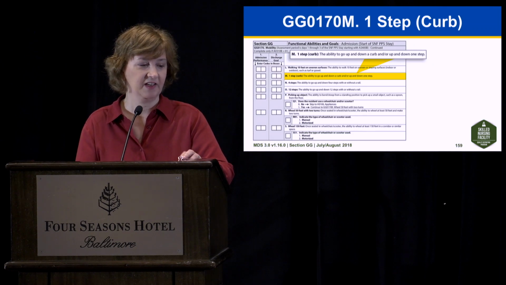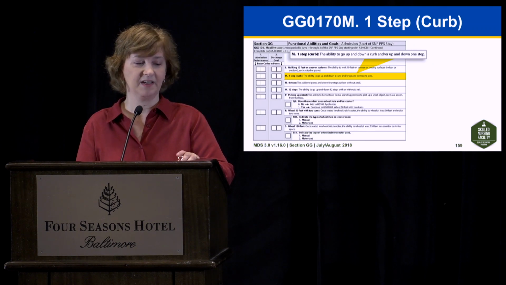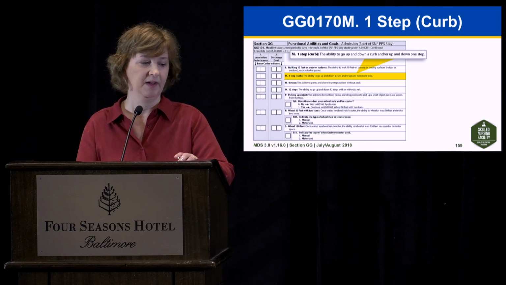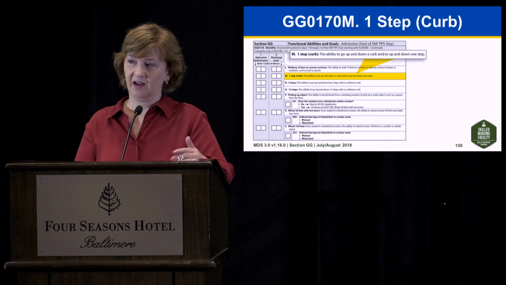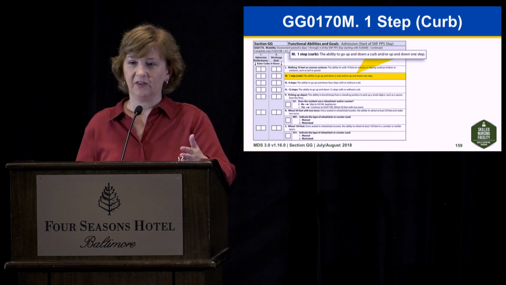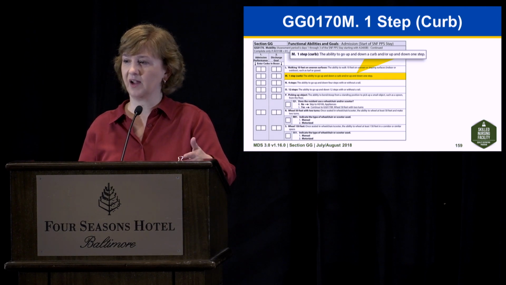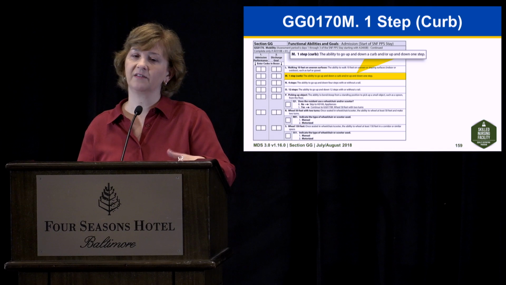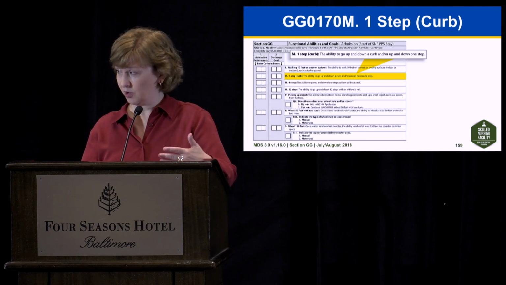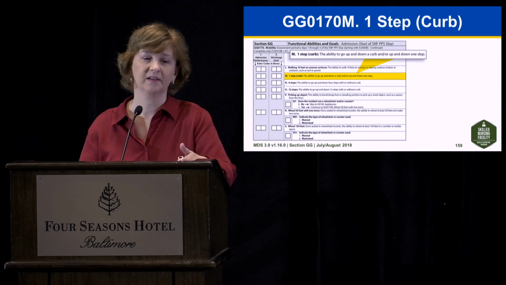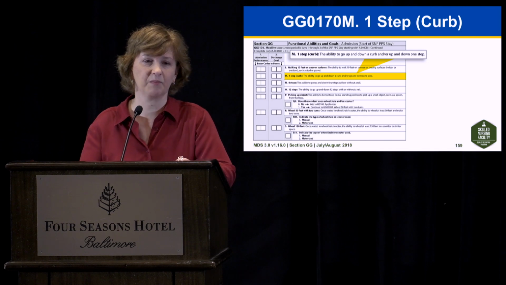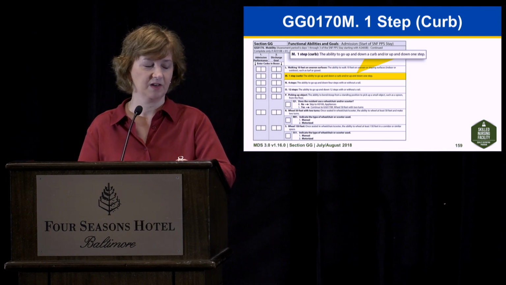Okay, the next activity relates to going up and down one step or curb, and so it can be a curb that's being practiced on. If you don't have access to a curb, it can be going up and down one step. If it is going up and down one step, it could be with or without a railing, so whatever is appropriate for the resident to be assessed on.